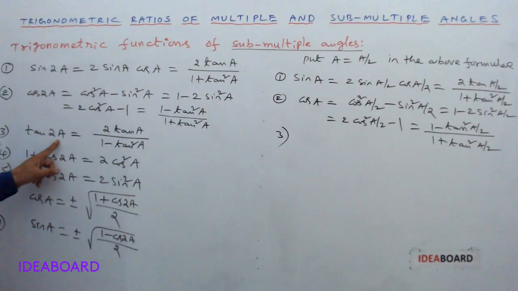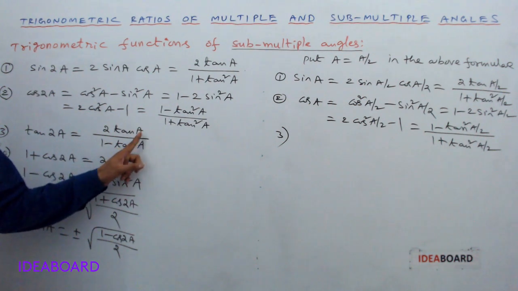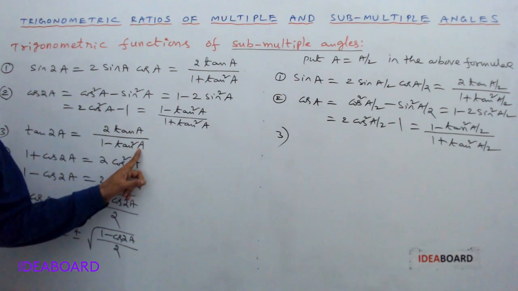Third one, tan 2A equal to 2 tan A by 1 minus tan square A.